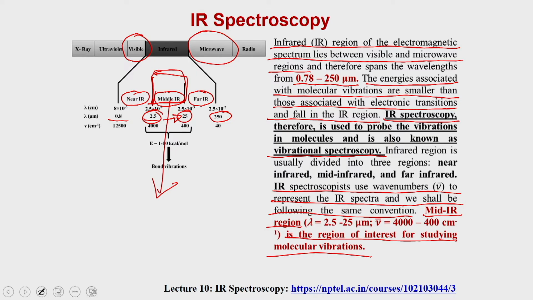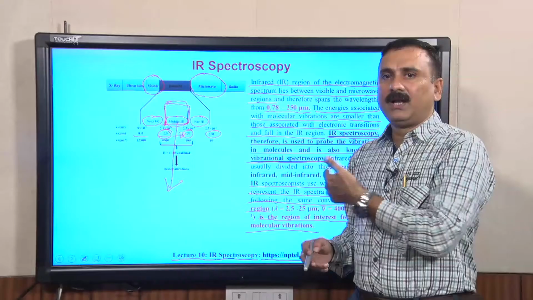Regarding IR spectroscopy, we have lecture 10 of the IR spectroscopy, and you can download this lecture from one of our NPTEL courses. If you would like to get the literature material, you can browse through it.